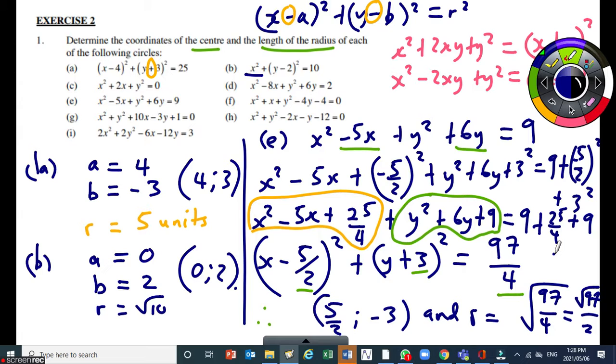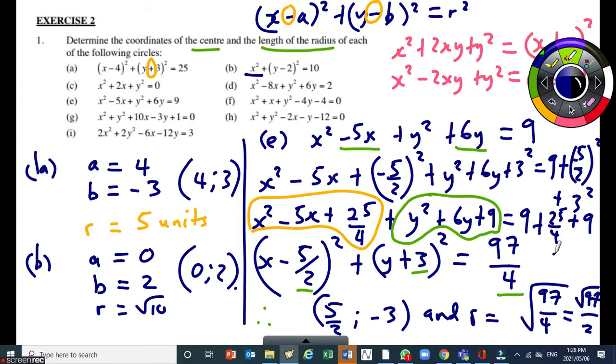Any question? What I just did here, completing the square, is very important. Some of the questions that you are going to encounter if you practice a lot, you are going to realize that if you don't know how to complete the square, you won't be able to find the center of that circle.